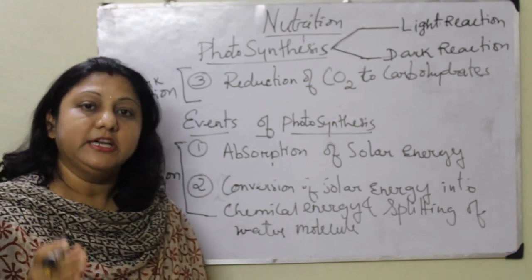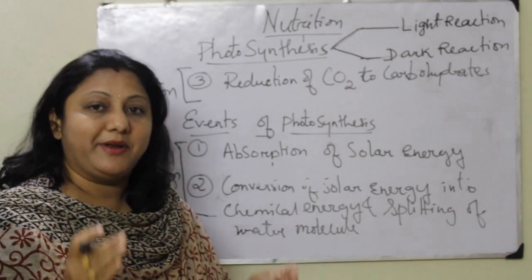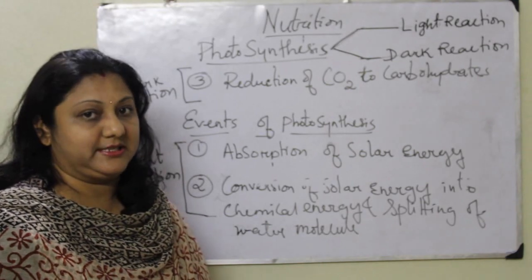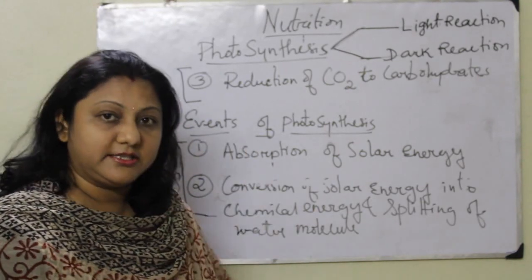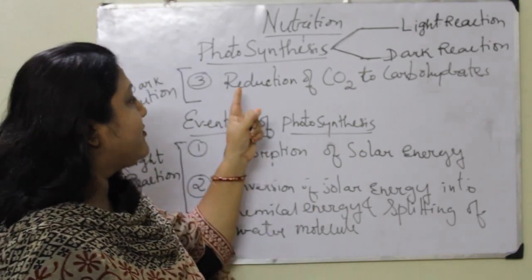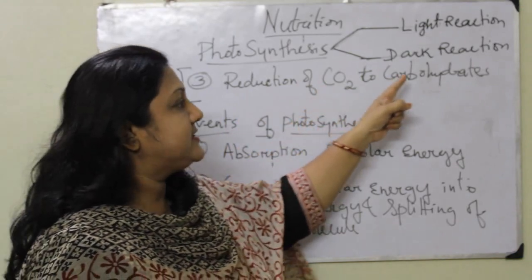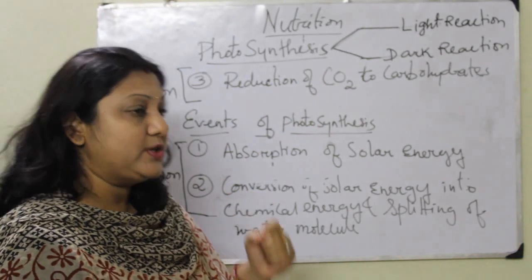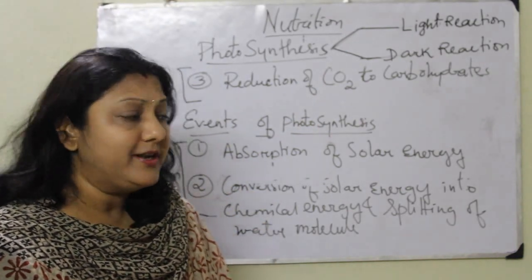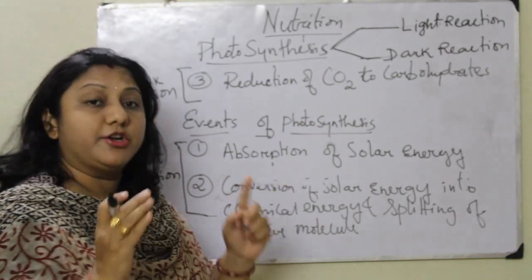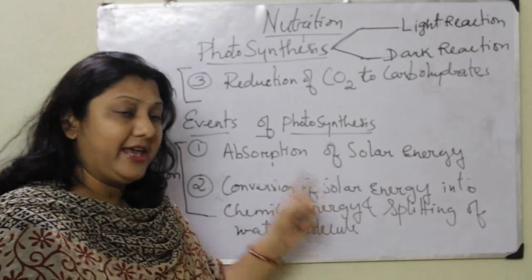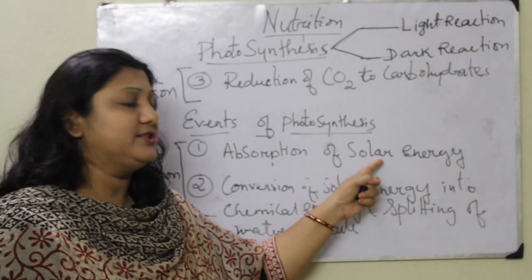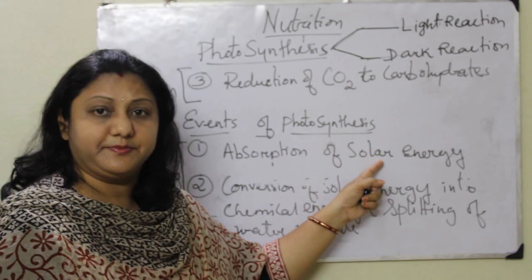So this completes the light reaction of photosynthesis. And then the third step comes in the form of reduction of carbon dioxide into carbohydrates, right? And that does not require the presence of light. But these two events need the presence of solar energy.